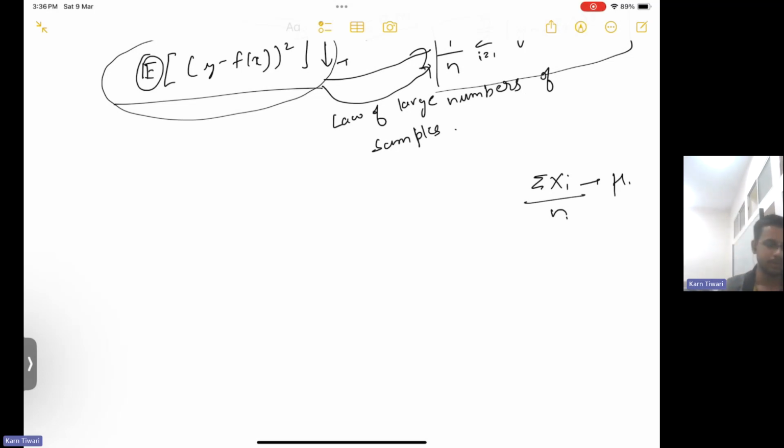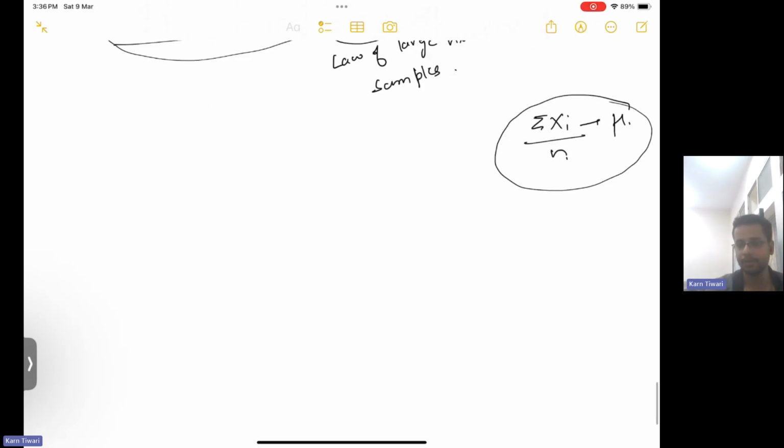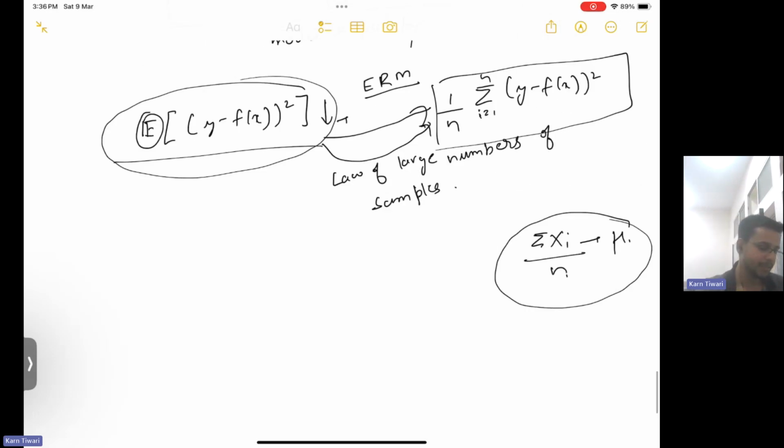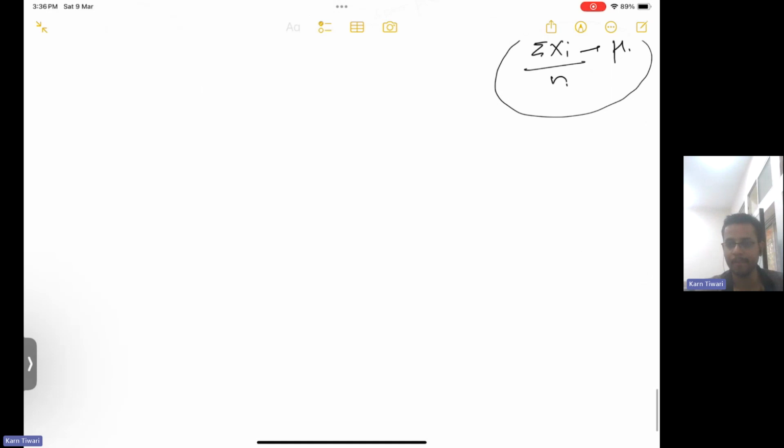If you don't know it, I suggest going through the central limit theorem, because you'll see why we can write this expected value as a Monte Carlo approximation. You can search online for Monte Carlo approximation of expectation.